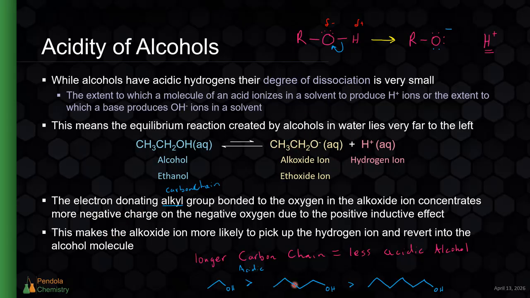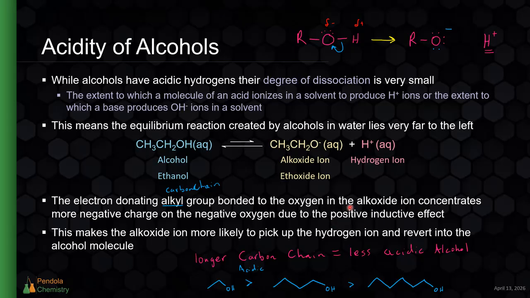The more carbons which are electron-donating there are near this OH group, the more negative that O minus becomes. And the more negative that O minus is, the more likely the hydrogens are going to be attached to it, and the more this equilibrium shifts towards the left, meaning that the alcohol becomes less acidic when this happens.